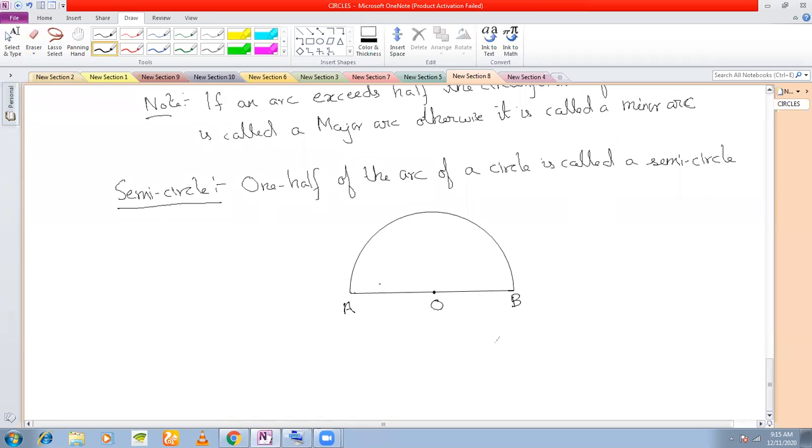AB is the diameter here, and this length is a semicircle.